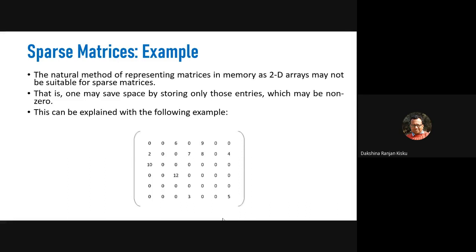Okay, so to specify the 6 and 9 in the ordered list, we will specify the row number and the column number.